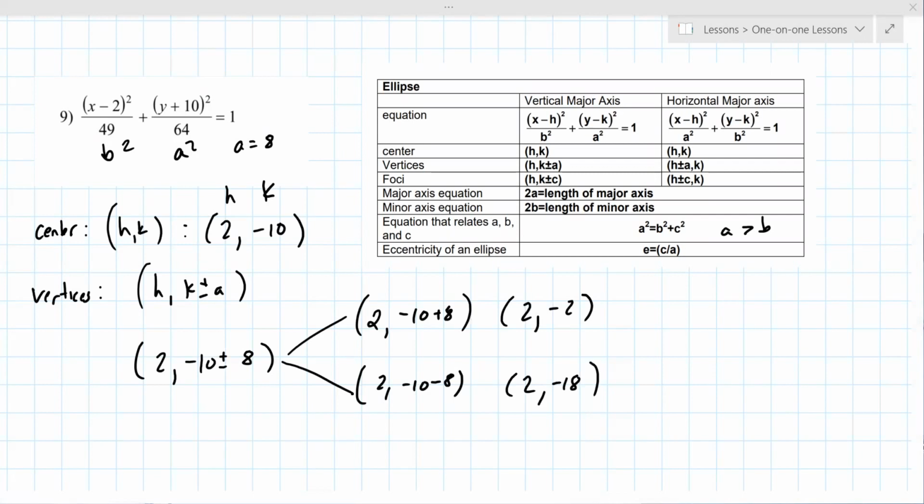Not really sure what it means by co-vertices. So I'm gonna look at the answer and maybe it'll clue me in on what it wants here. Okay, so the co-vertices, how do I describe this here?